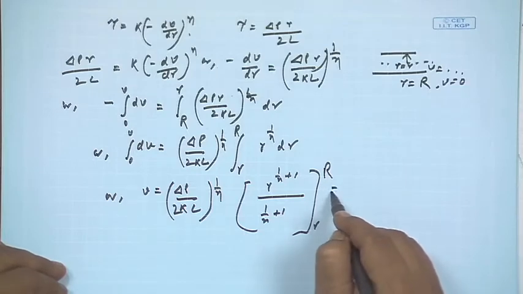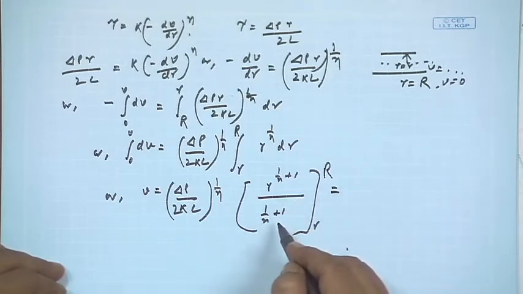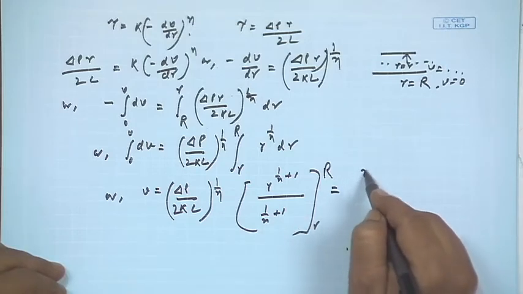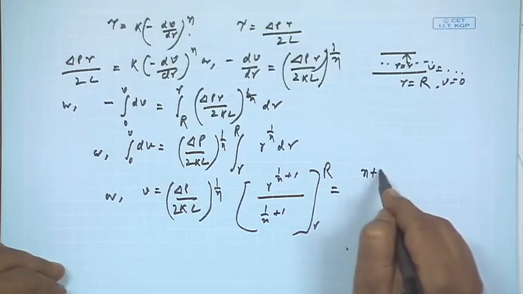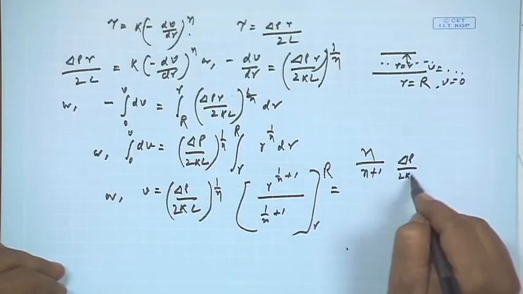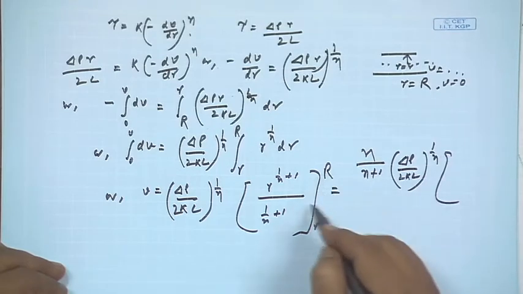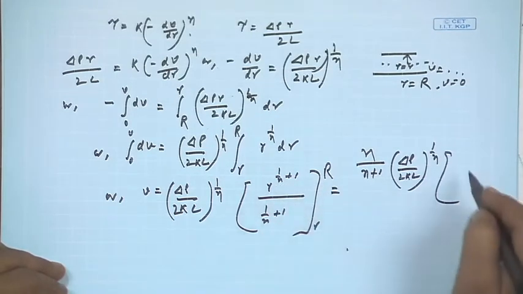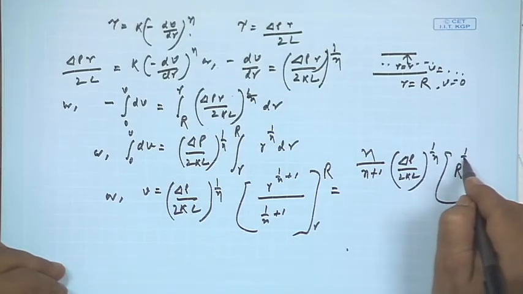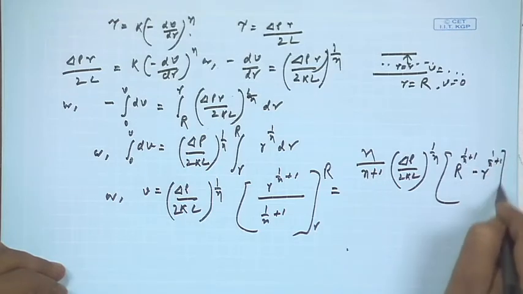So this becomes n by n plus 1. Putting in the boundaries for r, it becomes R to the power (1 by n plus 1) minus r to the power (1 by n plus 1), right.